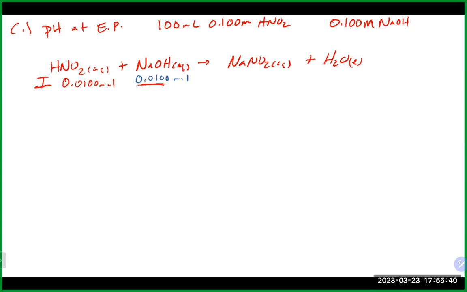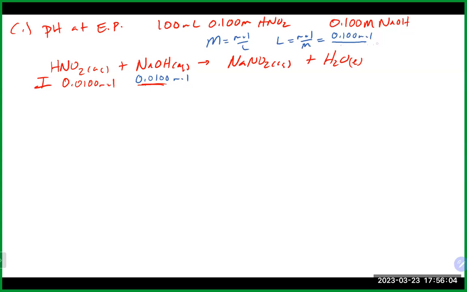Okay, so if I know it's the same number, and I know the molarity of the sodium hydroxide, I could also figure out the volume needed to reach there. If I take the molarity, which is moles per liter, and solve for liters, which is moles divided by molarity, I know I'm going to end up with 0.1 moles of my sodium hydroxide.